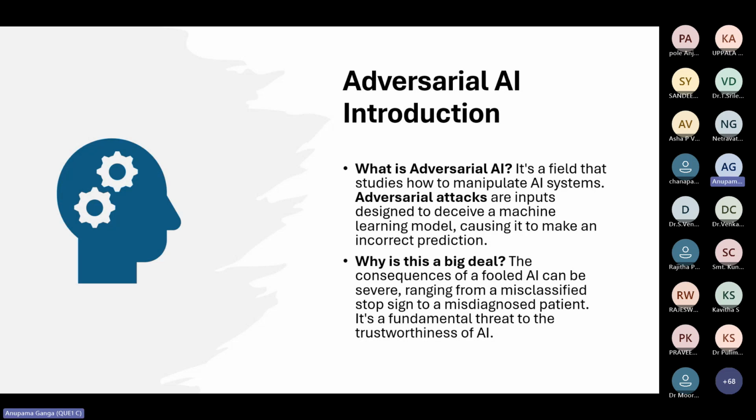Basically, it will force the LLM to give an incorrect output, by manipulating the input data. So we are trying to deceive the LLM with this adversarial attack. When I say we, I mean whoever is doing the malicious attacks. So why is this an issue?